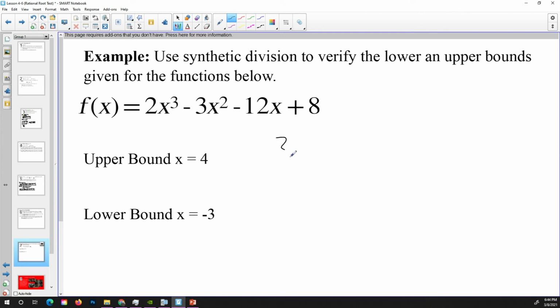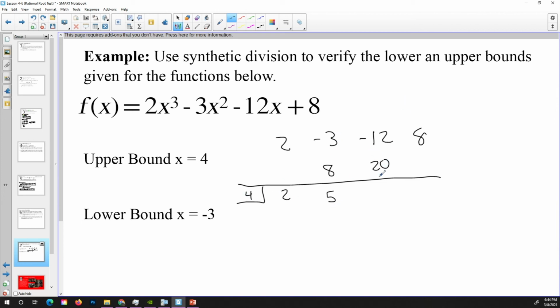So if I go 2, negative 3, negative 12, and then 8, and we were to try to see if 4 divides that. I bring down the 2, 2 times 4 is 8, 8 and negative 3 is 5, 5 times 4 is 20, 20 and negative 12 is 8, 8 times 4 is 32, I get 40. Note, all positive results.